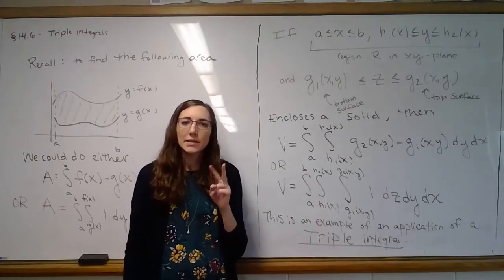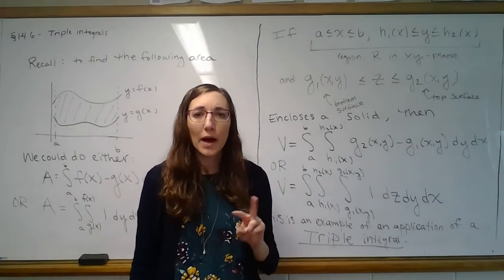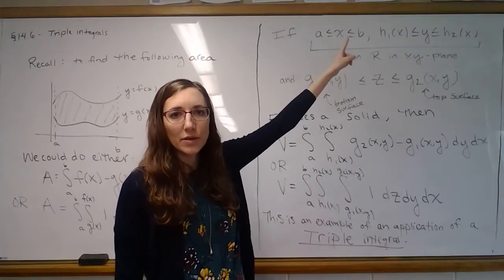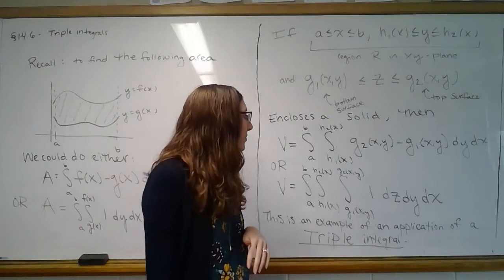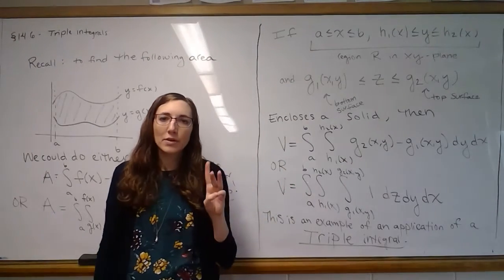Now in theory, the dy and the dx, you could flip-flop back and forth if you decided to represent your region as a right curve, left curve instead of top curve, bottom curve. But we would have 3 functions.